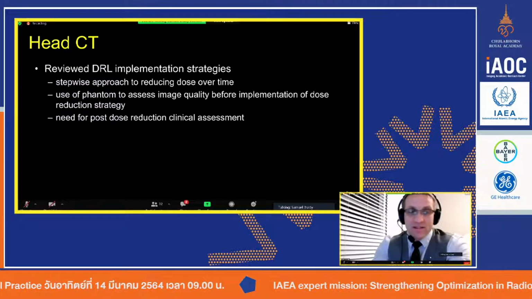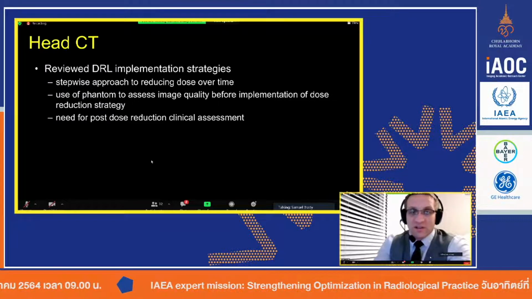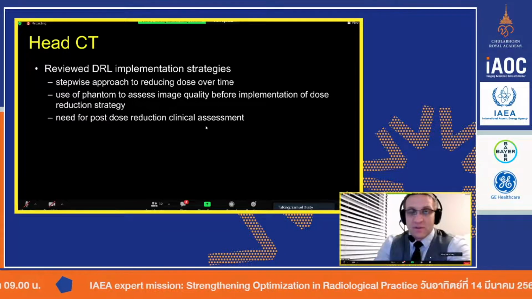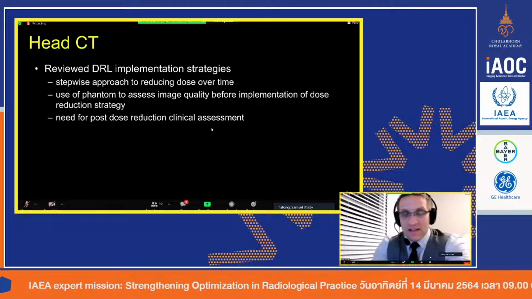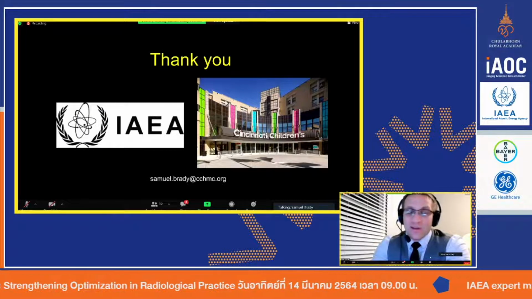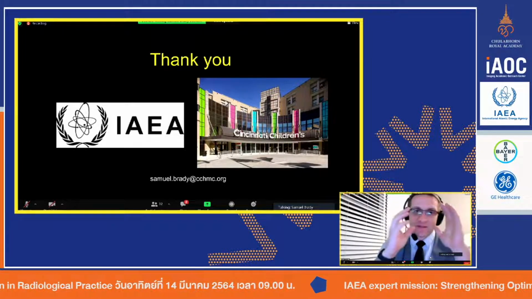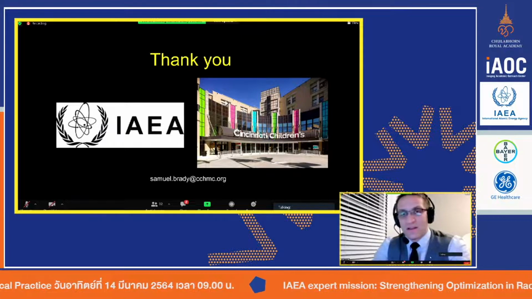But in both cases, just worth pointing out, there was always a clinical assessment. And I think that's really important. That's part of that whole optimization team. You need to have a radiologist there with you so that they are the ones that have the eyes for what they need to see in the clinic.